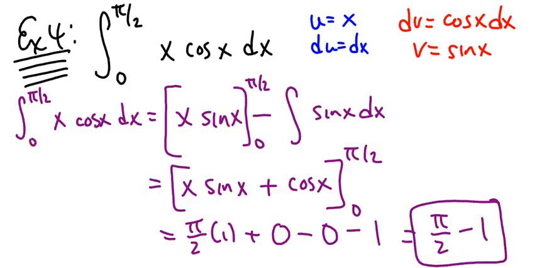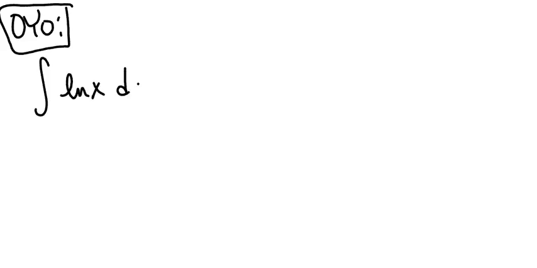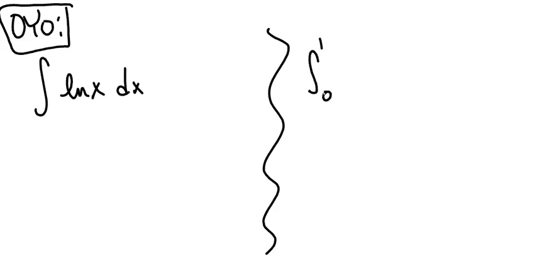And hopefully this is refreshing your memory on all sorts of wonderful things that a Calc 1 teacher tried to show you. A couple of things I'd like you to try before we gather. A couple of things you should be skilled with. You should know how to find the integral of ln x dx using integration by parts. And you should know how to take the integral from 0 to 1 of x times e to the 2x dx.